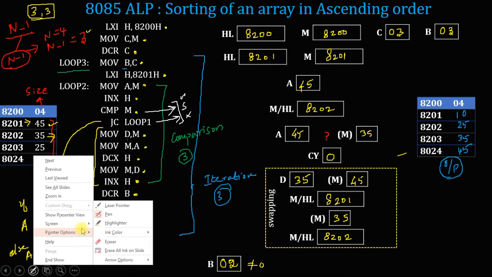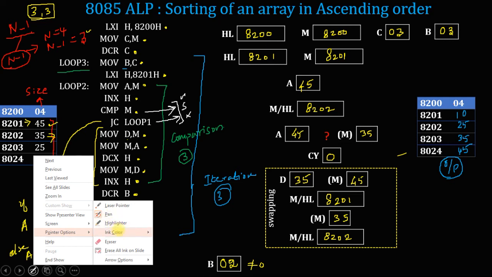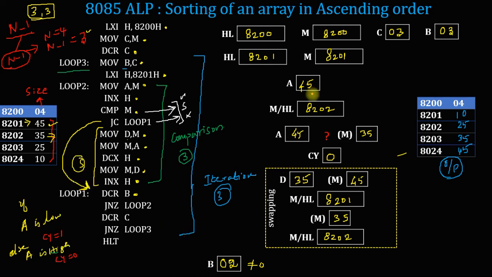We need to use jump on no carry instead, with the same label. If you use the jump on no carry instruction, this will be a descending order program. So this is simple.